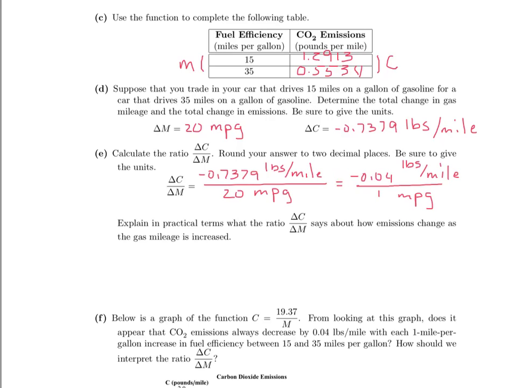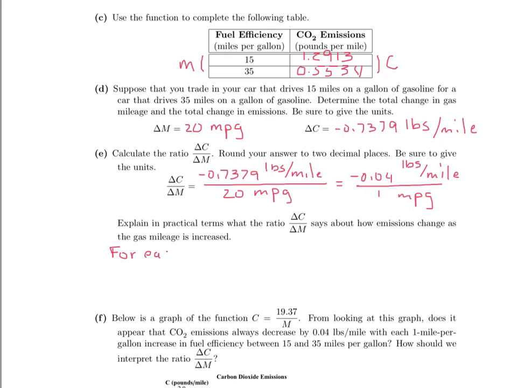So if we put together these two changes, what we conclude is that for each 1 mile per gallon increase in our fuel efficiency, the carbon dioxide emissions decrease by about 0.04 pounds for every mile. So let's write that down.